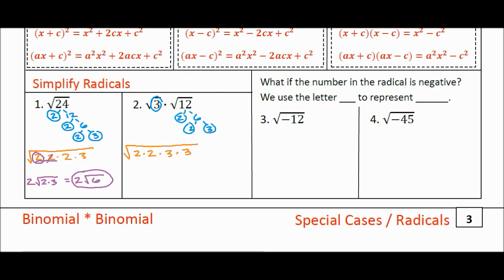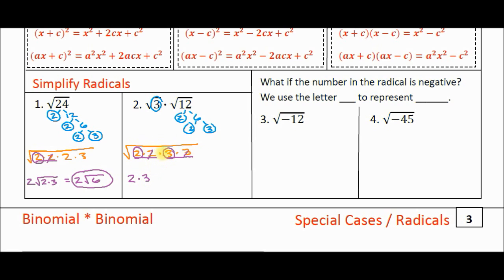All right, let's take a look and see if we have pairs, and we do. 2's can be paired up together, and the 3's can be paired up together. One of these 2's escapes. One of them is eliminated. One of these 3's escapes the radical. The other is eliminated. We end up with a 2 got out and a 3 got out. Those will be remultiplied in a moment.